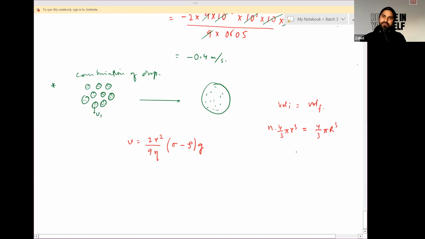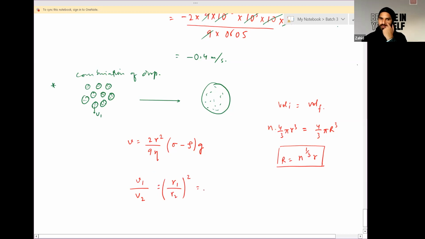So 4 by 3 pi will cancel out, and you will be left with R equals n to the power 1 by 3 times small r. So from this, we can say velocity is proportional to r square.